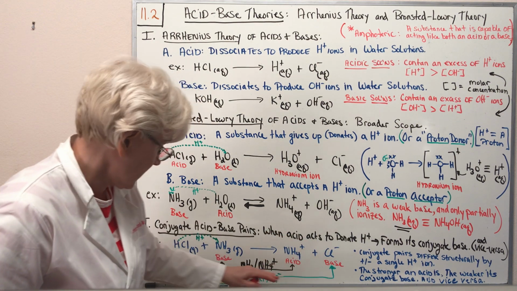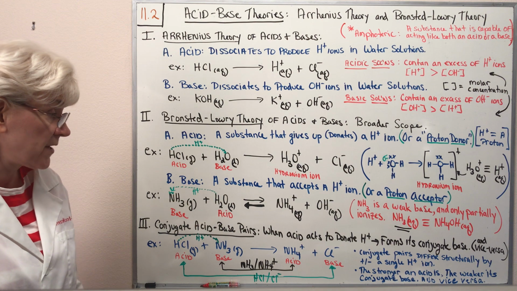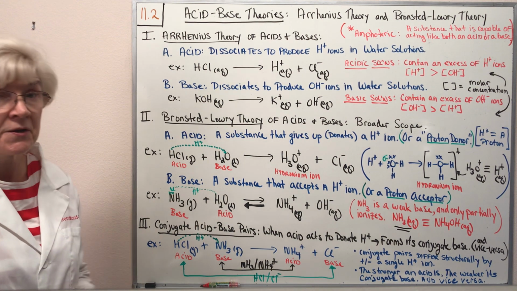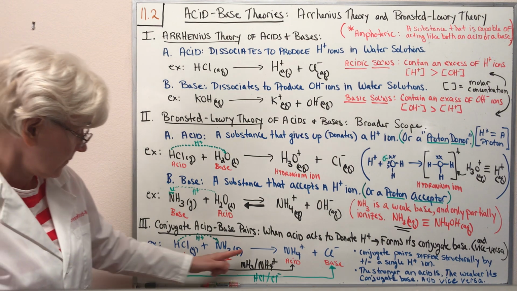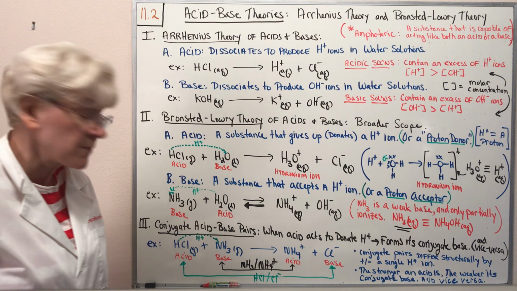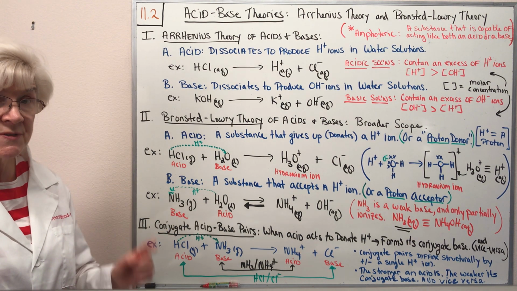We can see here that structurally, conjugate acid-base pairs differ only by the presence or absence of a single hydrogen ion. Both these conjugate pairs, if you look at their formulas, differ only by the presence or absence of one hydrogen ion.